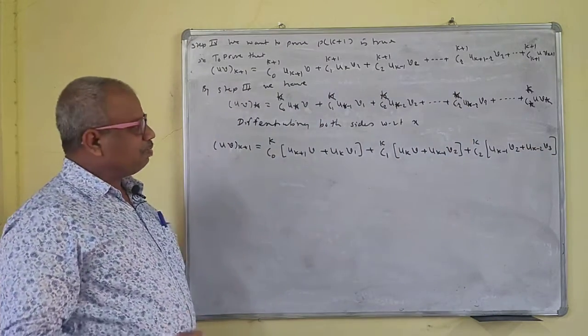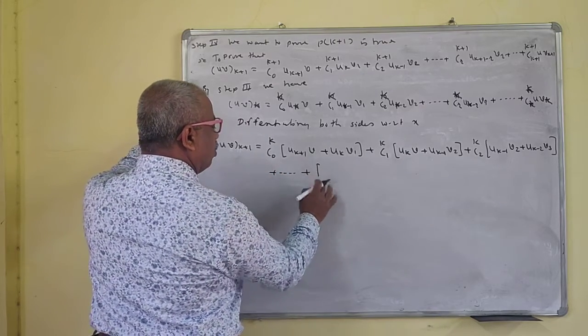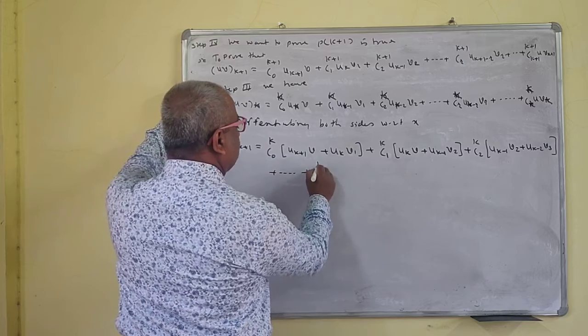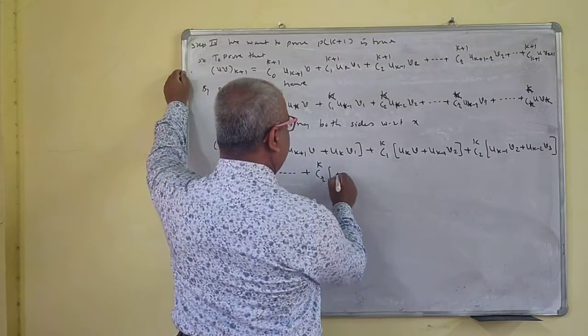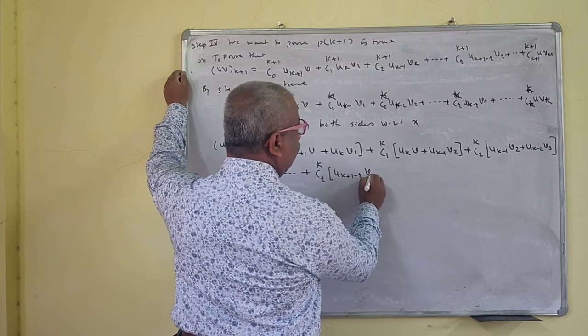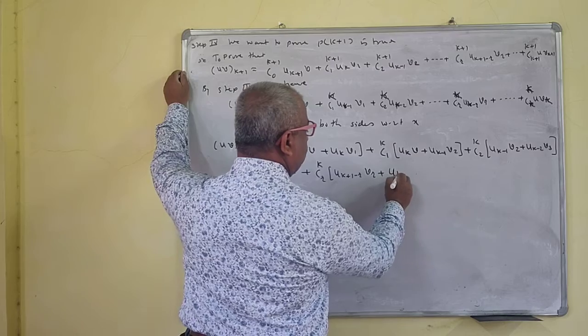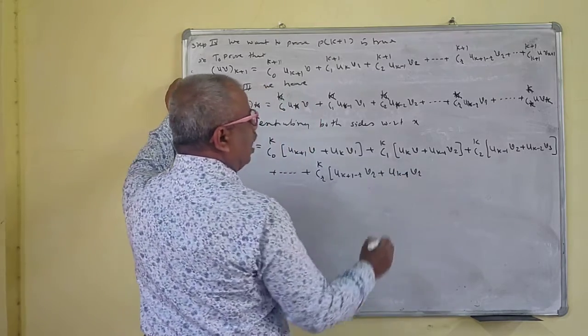So we have to apply the product rule. Plus dot dot, plus we have to write the net coefficient kcr. Then u k plus 1 minus r vr plus uk minus r vr plus 1.